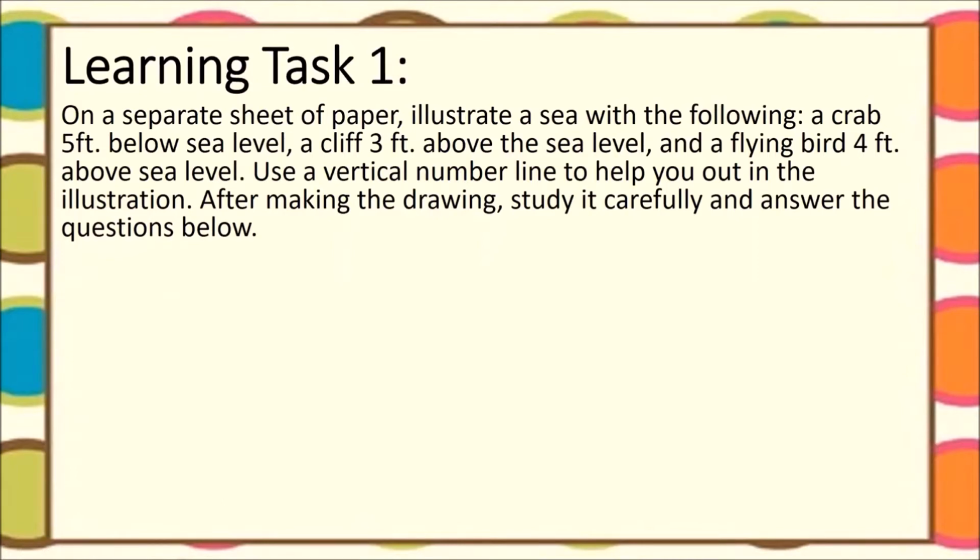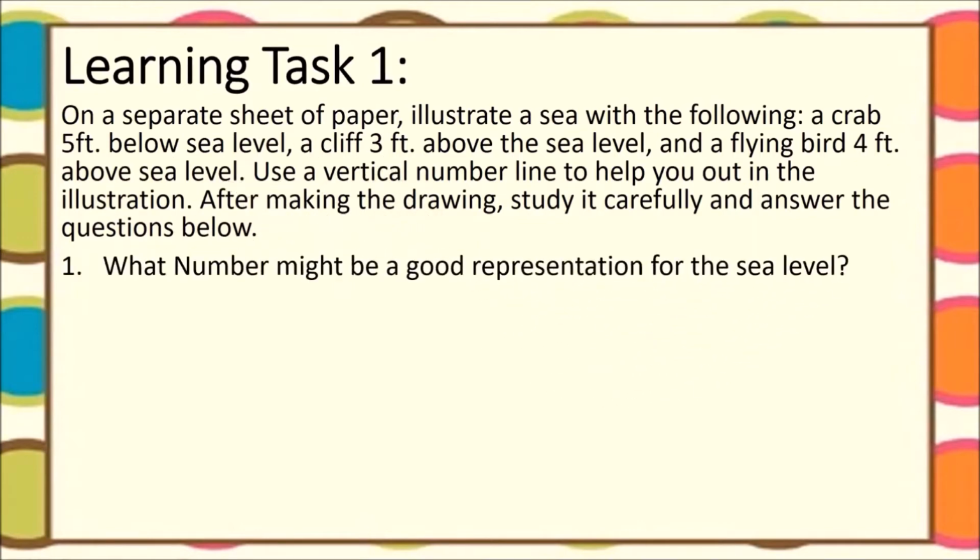So, doon sa illustration, sa dinrawing ninyo, ang pwede mag-represent as the origin o zero in a number line, at alin doon sa inyong dinrawing ang pwede mag-represent na positive or positive direction or positive numbers, at alin sa inyong dinrawing ang pwede mag-represent as negative numbers or negative direction.